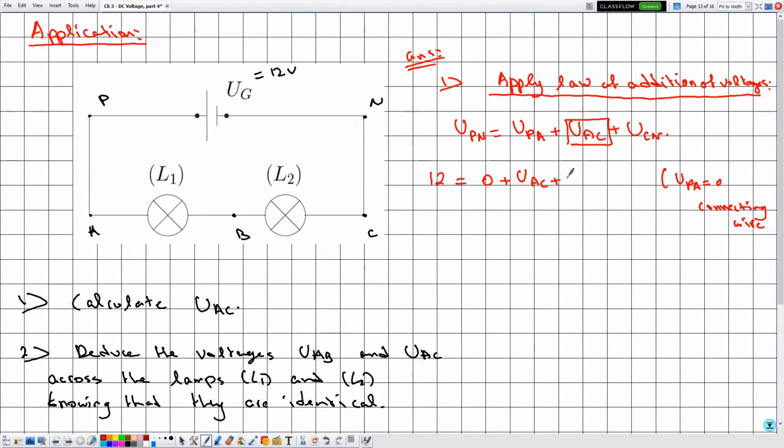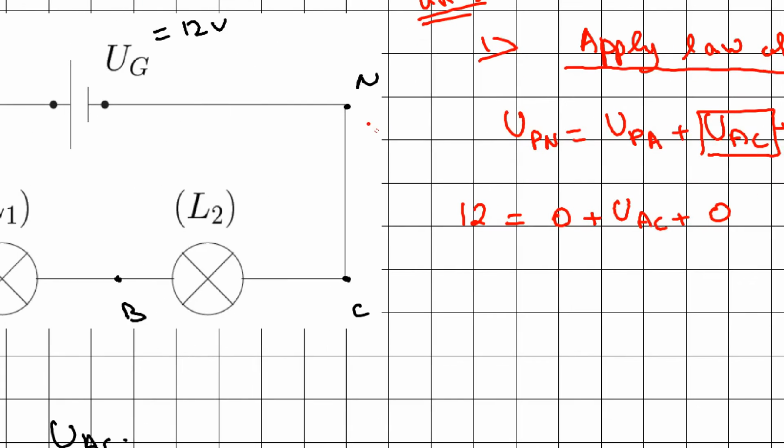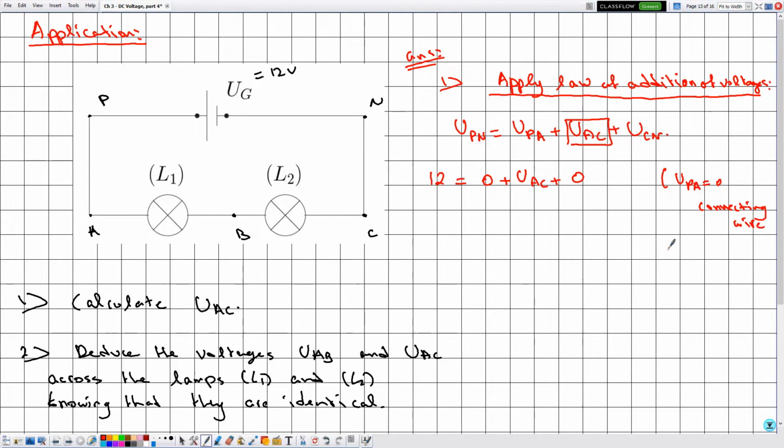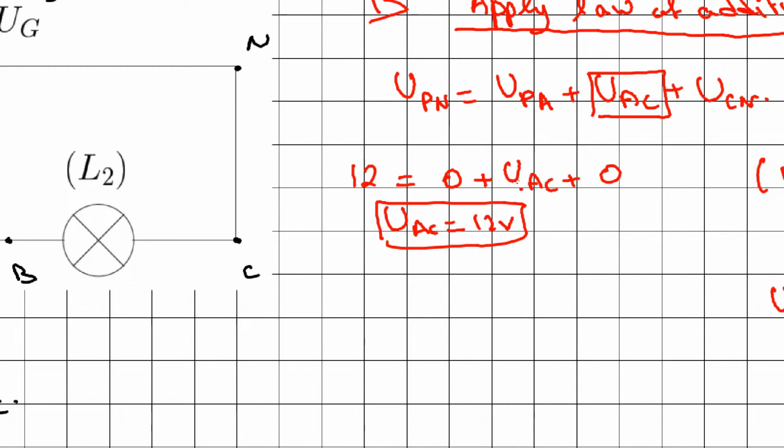Plus UCN, which is 0 because across the terminals of C and N we have a connecting wire. Then UCN also 0, and the reason is given by a connecting wire. Then in this case, simply UAC is equal to 12 volts. What's the type of this equation? This is a linear equation with one unknown. The unknown is UAC.